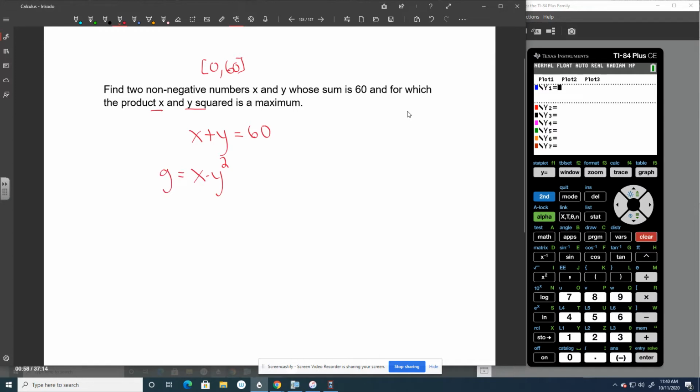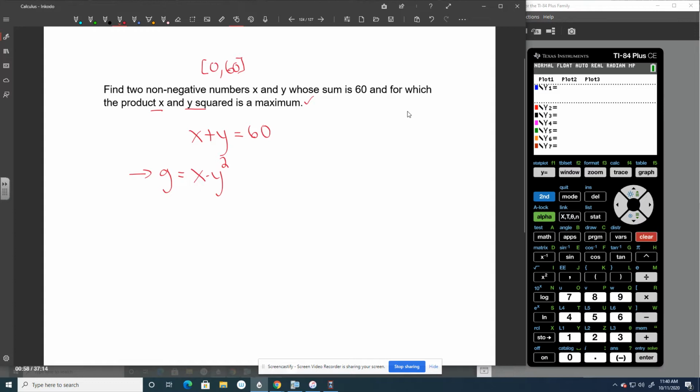So we're trying to maximize our product based on the fact that the 2 numbers we're using add up to be 60. So since this is what I'm trying to maximize, that's what I'm going to take the derivative of. That's the first thing we've got to be careful about. We have 2 functions. We want to take the derivative of the one that we're trying to maximize. So that would be this g function. You can call it whatever you want.